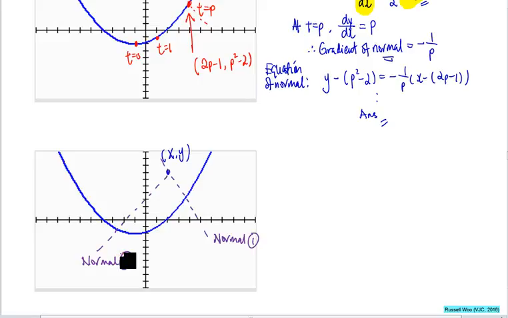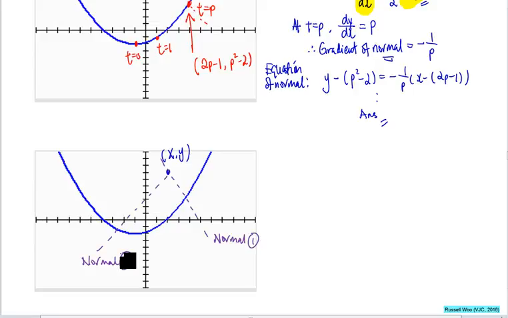They want you to show that there are at most only 3 such normals that can pass through any fixed point (X, Y), no matter where it is. Follow what I'm saying? No matter where (X, Y) is, there are only 3 possible normals that can pass through this particular point. We understand the context first, then we can solve the question.